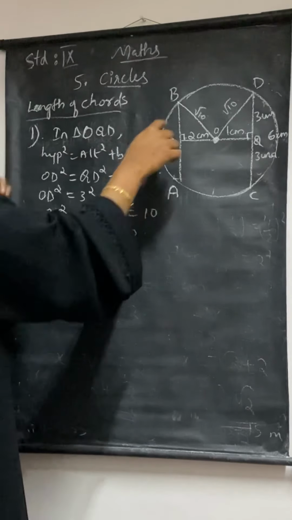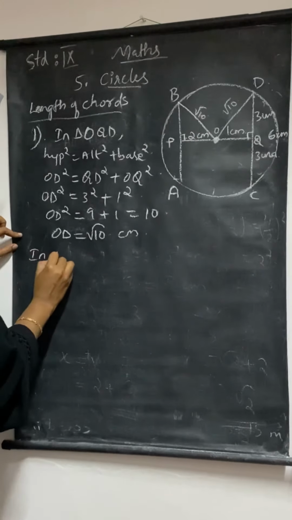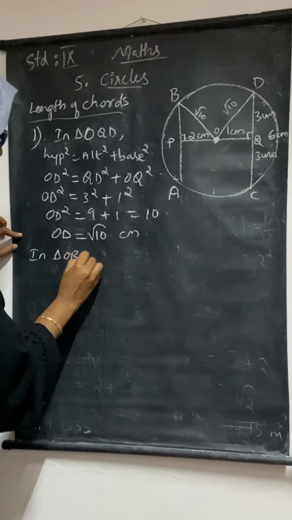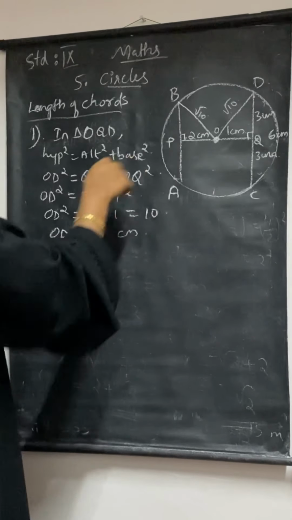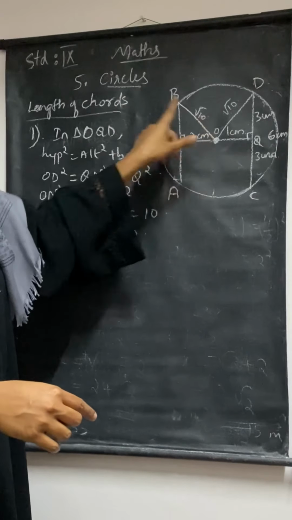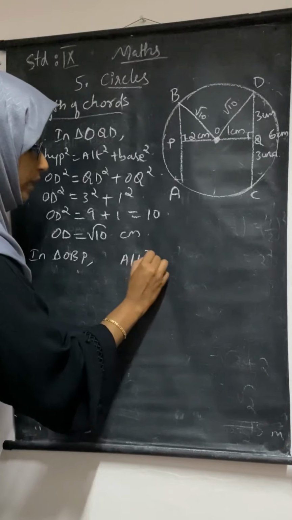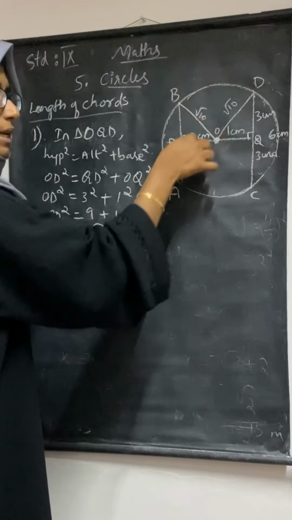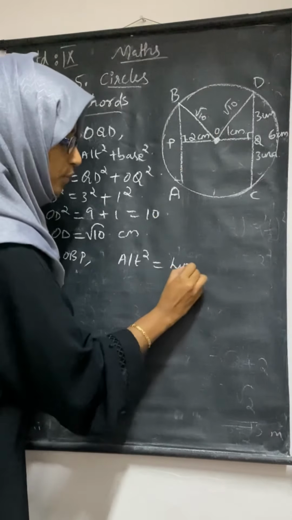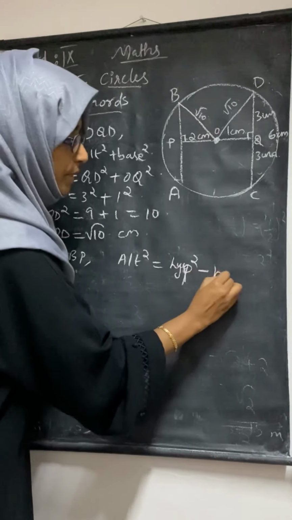Now we are moving to the triangle OBP. In that, base you have, hypotenuse you have, but altitude is not there. So how to find the altitude? Altitude square is equal to the larger minus the smaller: hypotenuse square minus base square.